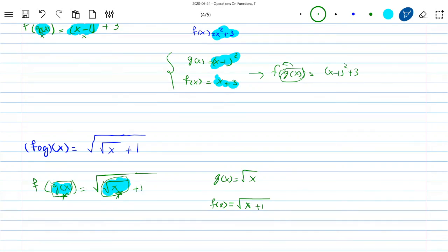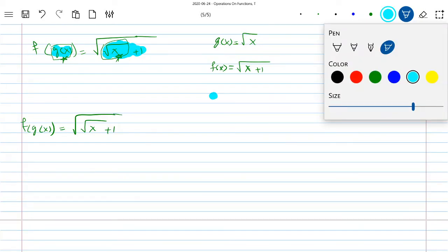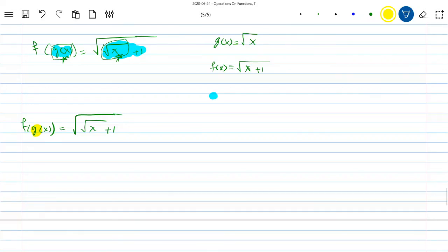What if you want to pick the plus 1 with it as well? What if you want g to be this whole thing underneath the square root? Maybe I should rewrite the function here. f of g of x is given as the square root of x plus 1. What if I want the g of x to be the whole thing?